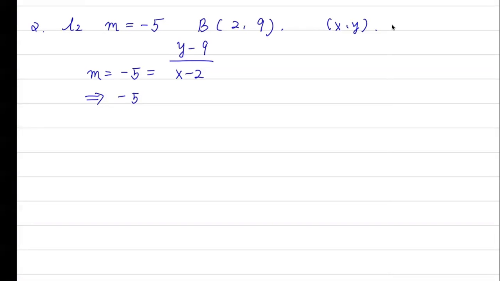We have -5 times (x - 2) is equal to (y - 9)/(x - 2) times (x - 2). x - 2 cancels out. So we have y - 9. So this is the point slope form for this straight line.